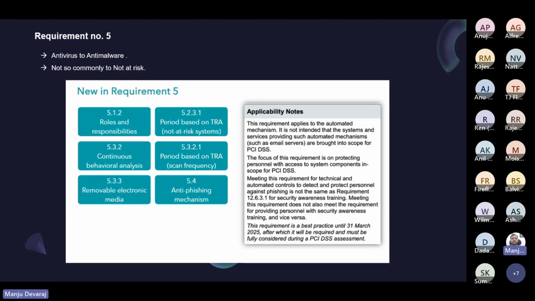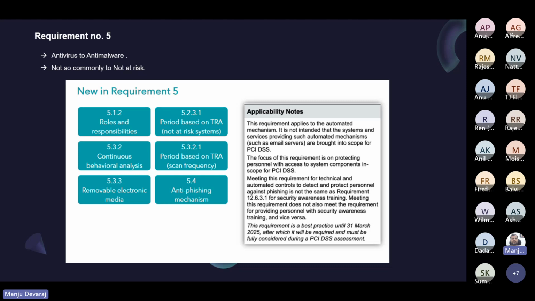That is the requirement which is coming new. Now the frequency of scan has come into the TRA. An entity can do a targeted risk analysis and define their own frequency for the scan.